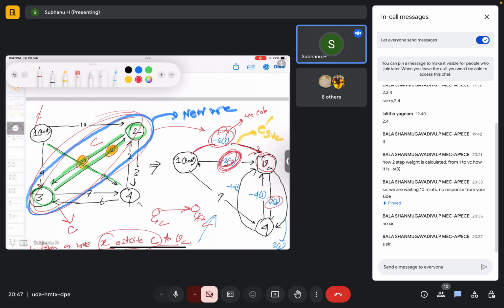That's why you see edges labeled here: minus 6 if you go with node 3, and if you go with node 2, then you will get minus 2. Okay.